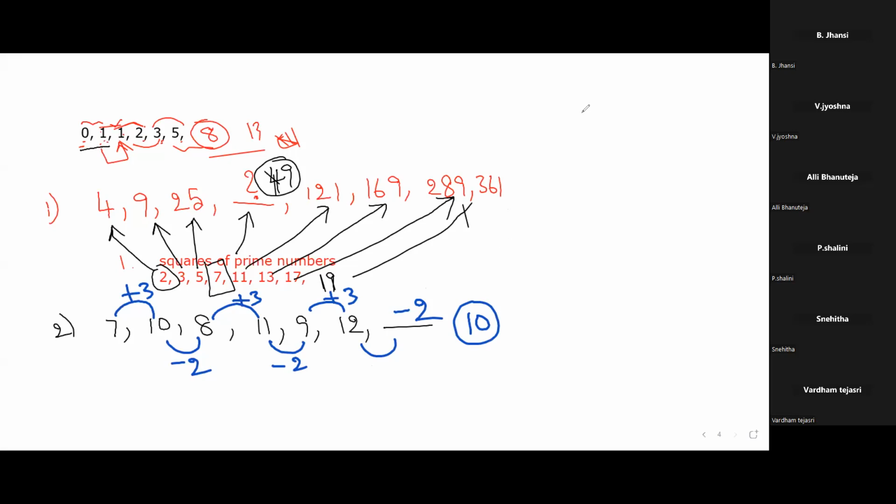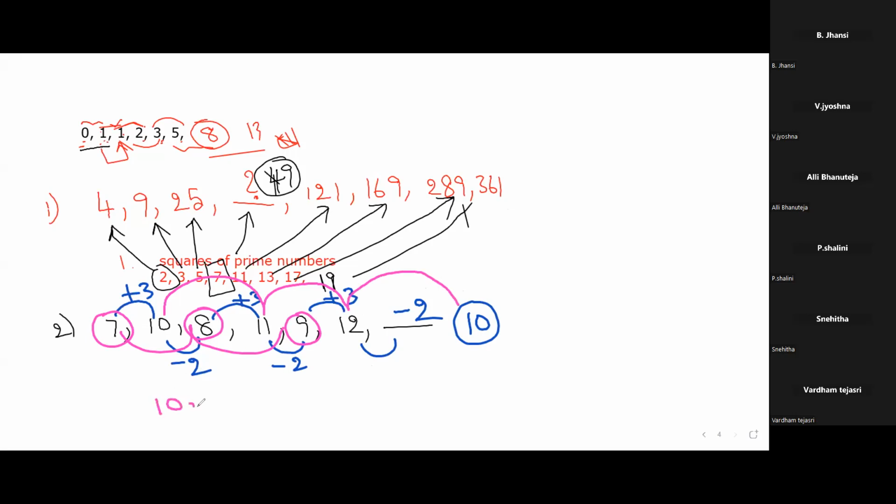Even you can understand the same in one more way. I want to show you the other way also. You can feel like it is an alternate series. You see 7, 8, 9. This is one series. And here you have one more, like 10, 11, 12, etc. is another series.